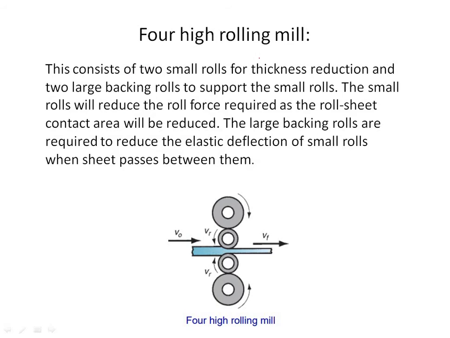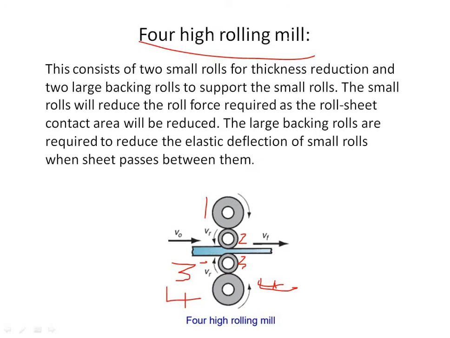Next we will be discussing four high rolling mills. Four high rolling mills, you all can see here: this is one, this is two, this is three, and this is four. There are four rolling mills. Four rolling mills.